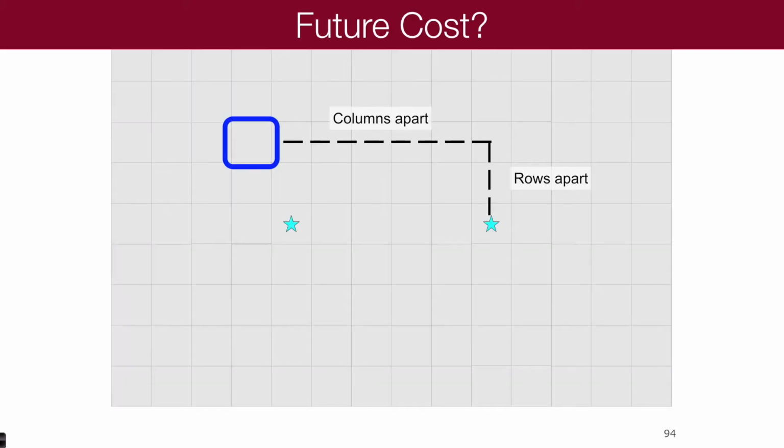Okay, so here's what we're actually going to do. On a map like this, you can determine some future cost by the number of columns away from your end destination and the number of rows away from your end destination. It's called a heuristic, and a heuristic means we're going to take wherever we are and say, if I want to get to a particular place, let me just add the columns and add the rows, and that will give me the direction that I have to go, a distance extra that we add on based on the idea that we know some information about the direction it's in.